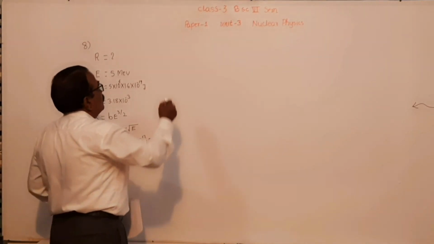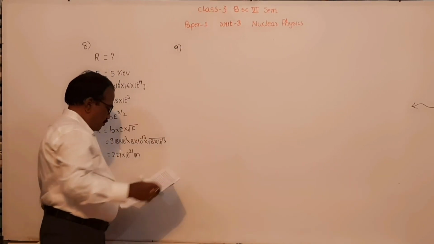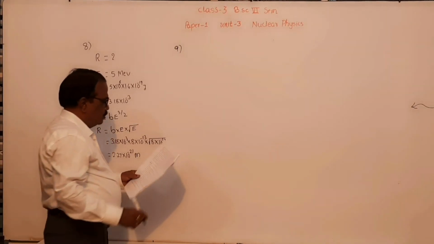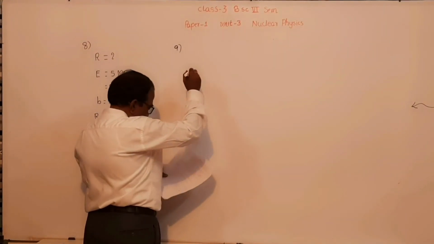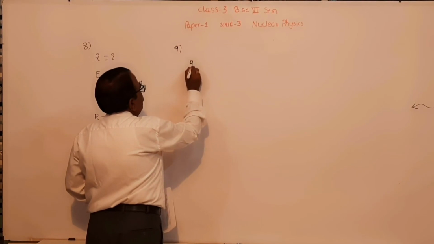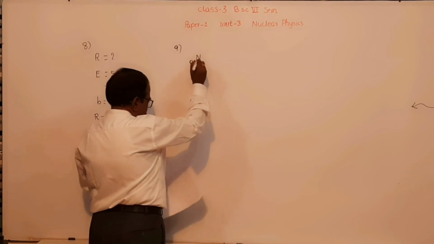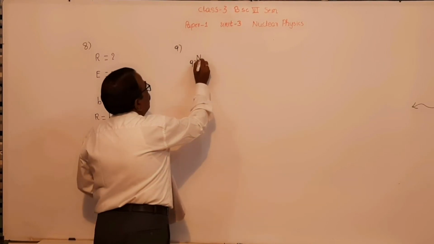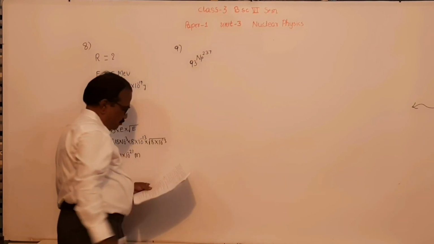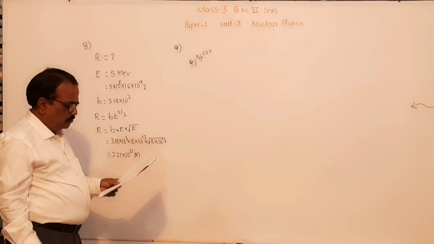Then see the next one, 9th. Neptunium 237. That means they have given it as 93 Np 237 emits an alpha particle of energy.